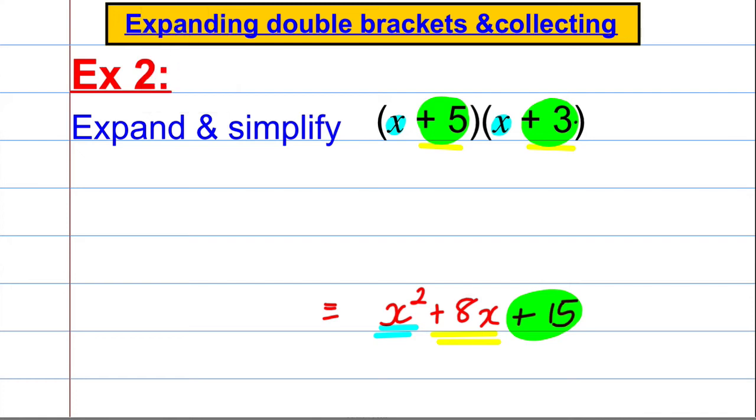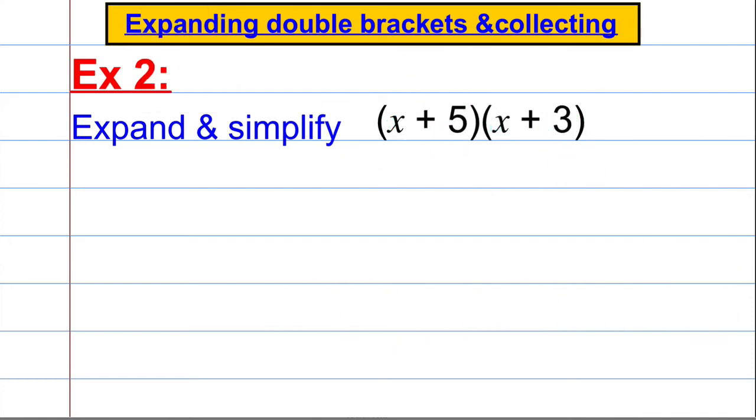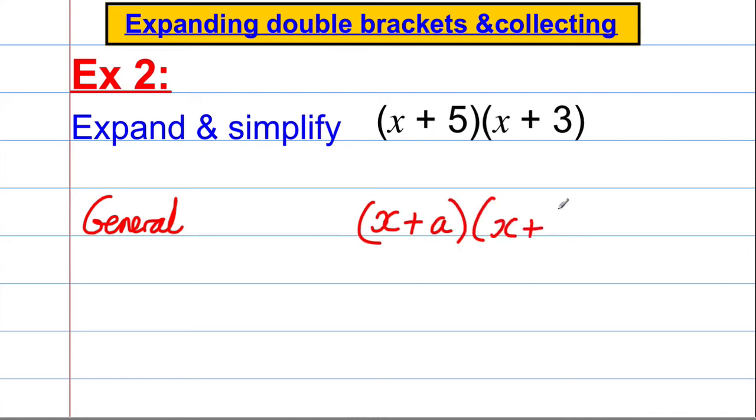So therefore, in general, I'm going to try and generalize this point here. So this might be the general rule. If we had x plus a number a and x plus a number b, you always get an x squared. Then you would have, how many x's would you have?